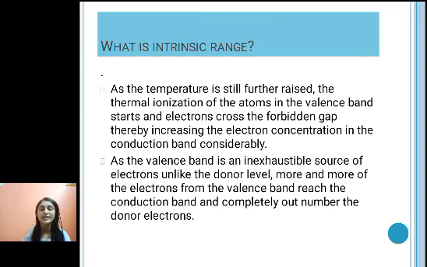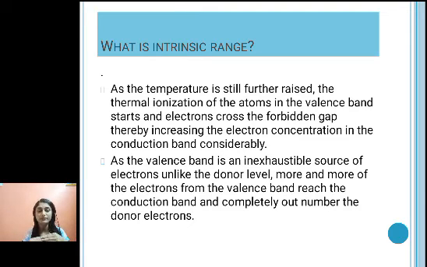What is intrinsic range? As the temperature is still further raised, what will happen? When you increase the temperature more than room temperature, most of the bonds which are present are broken and electrons are set free. So the thermal ionization of the atoms in the valence band starts, meaning electrons cross the forbidden gap, thereby increasing the electron concentration in the conduction band considerably.